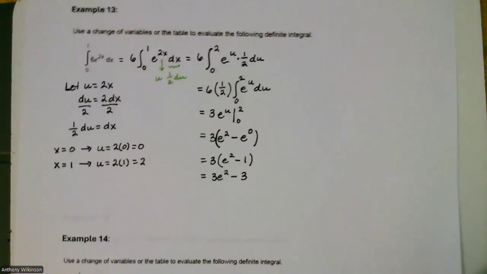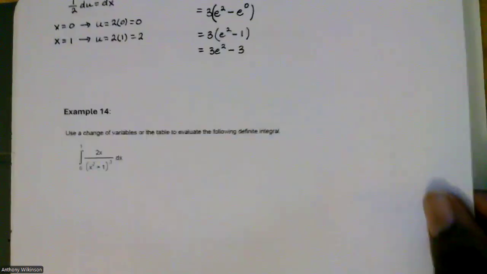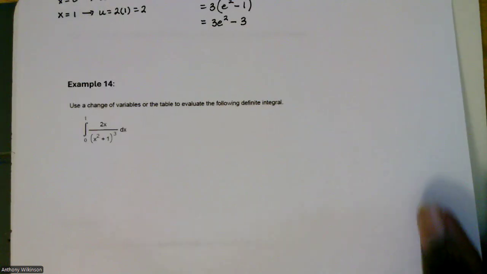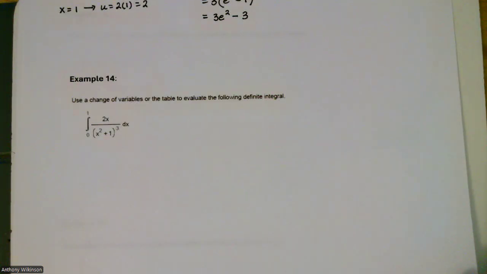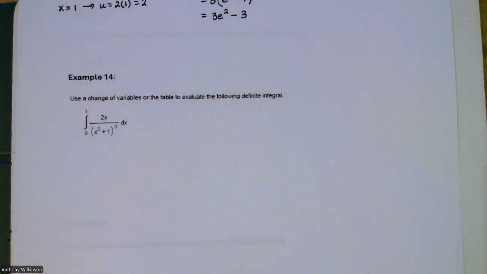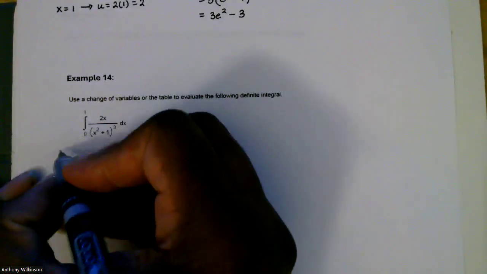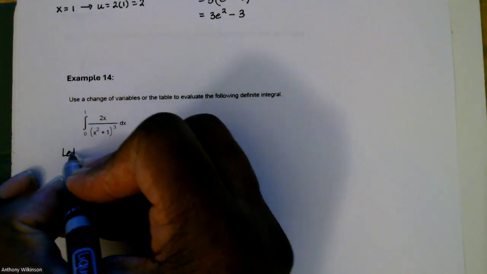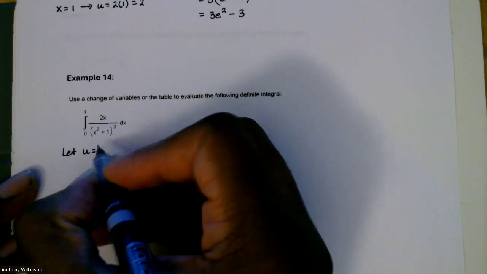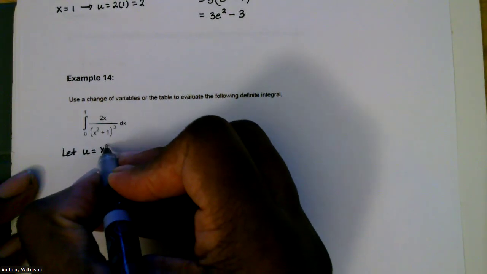Okay, here's another example. All right, let's say I have the integral from 0 to 1 of 2x divided by x squared plus 1 quantity cubed dx. Okay, so let's get a u substitution here by letting u be equal to what's in the parentheses there in that denominator, x squared plus 1.